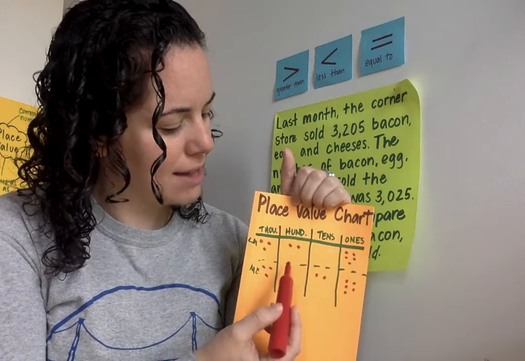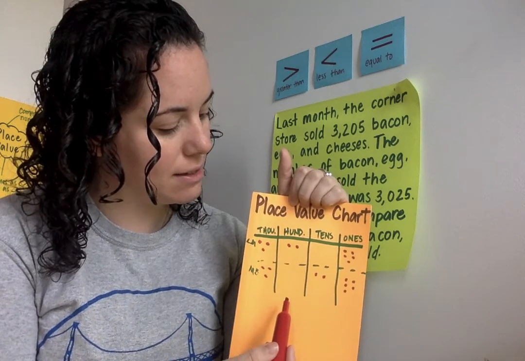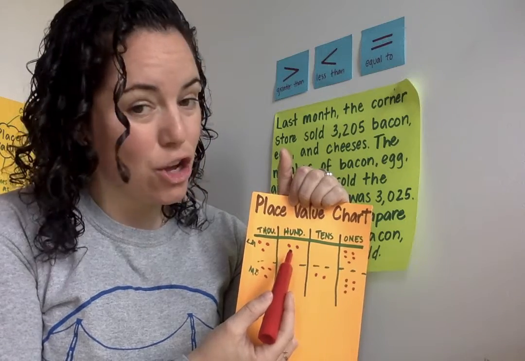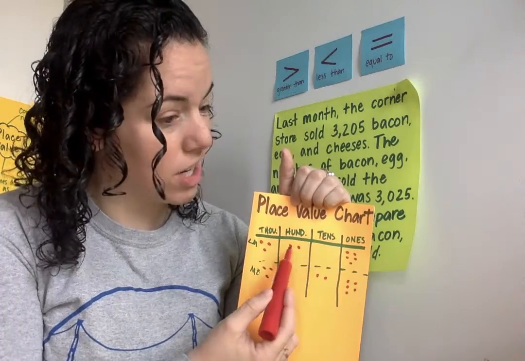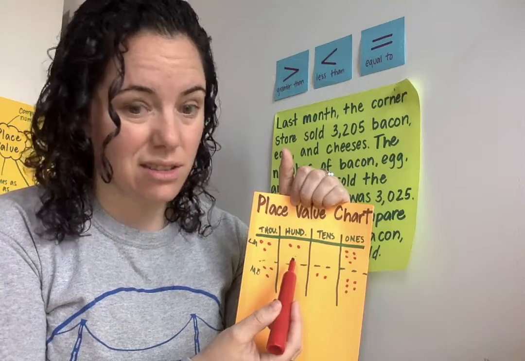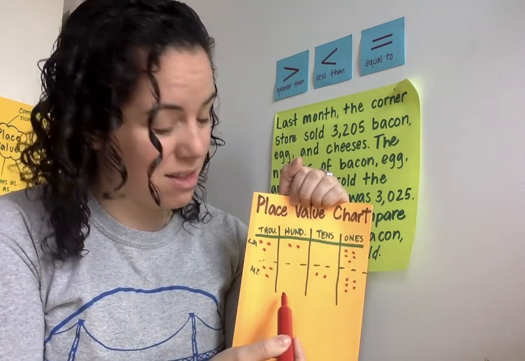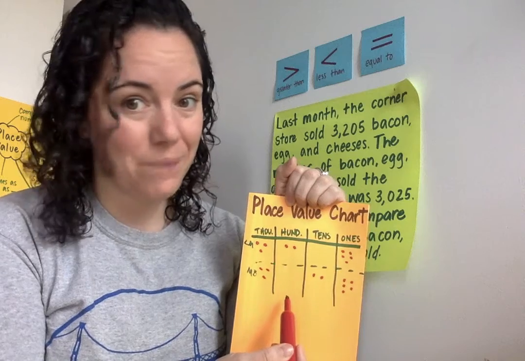If we look at the next place value in the hundreds place, I see that last month, 200 bacon, egg, and cheeses were at least sold, but in the month before, there weren't any.